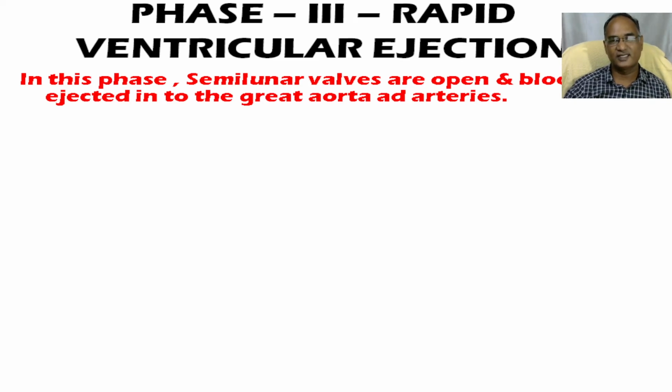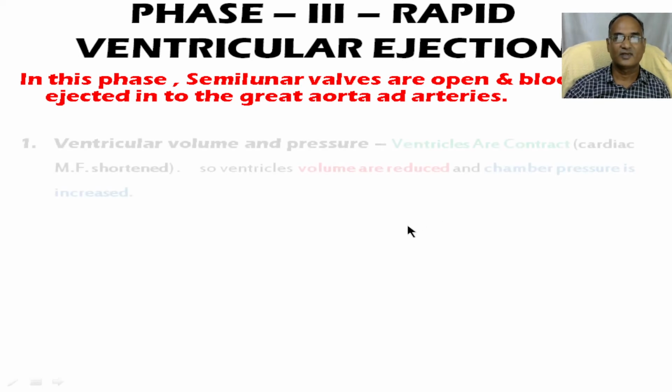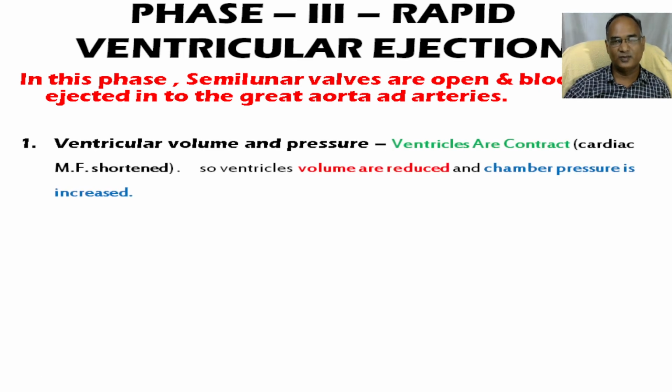The pressure is created because the ventricular myocardial layer contracts. The ventricular pressure is greater than the aortic pressure, so the semilunar valves open and eject the blood from the left and right ventricles. So the ventricles contract and release the volume, so ventricular volume is reduced and chamber pressure is increased.